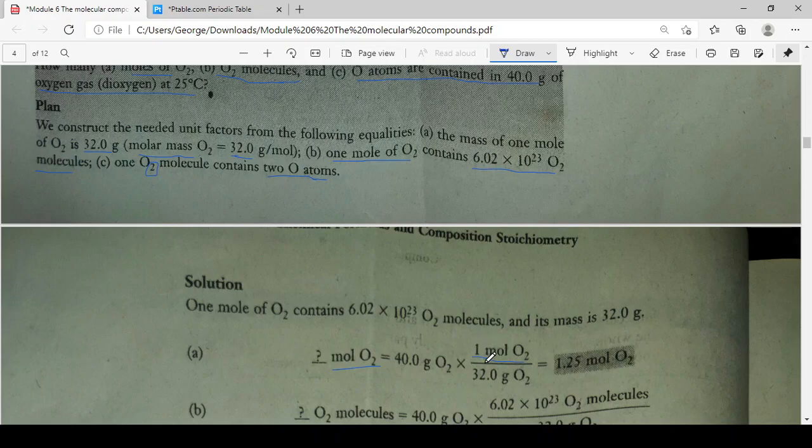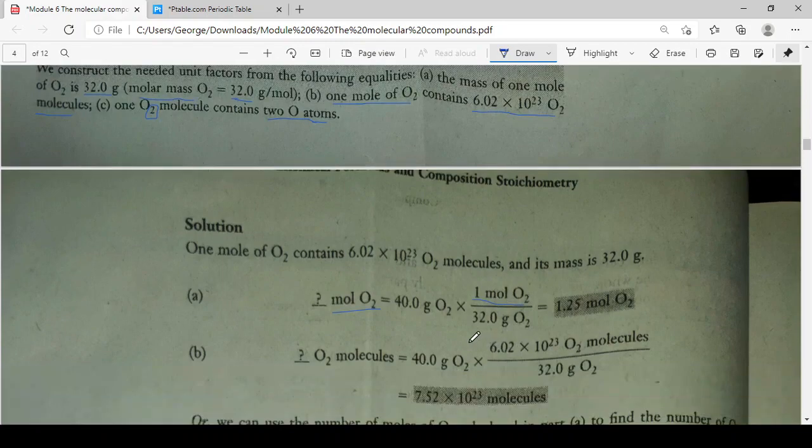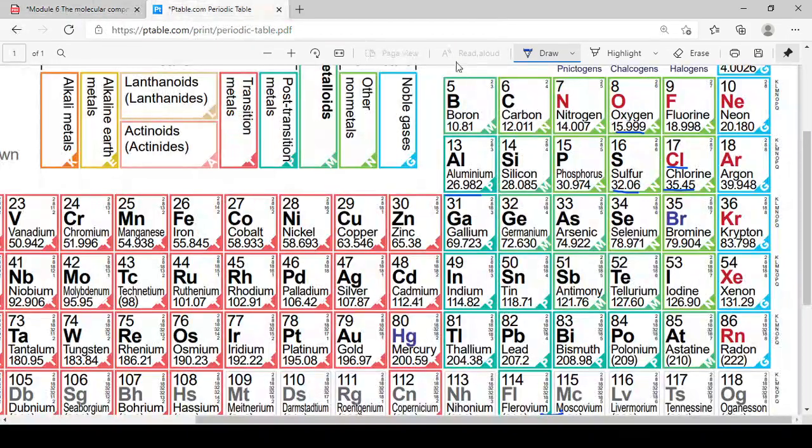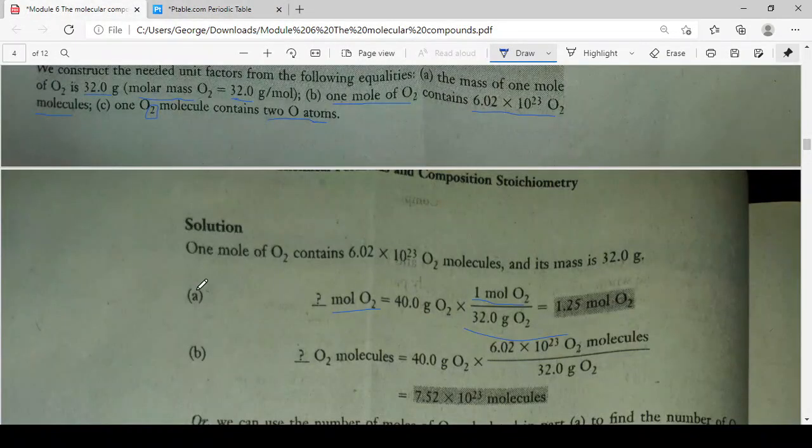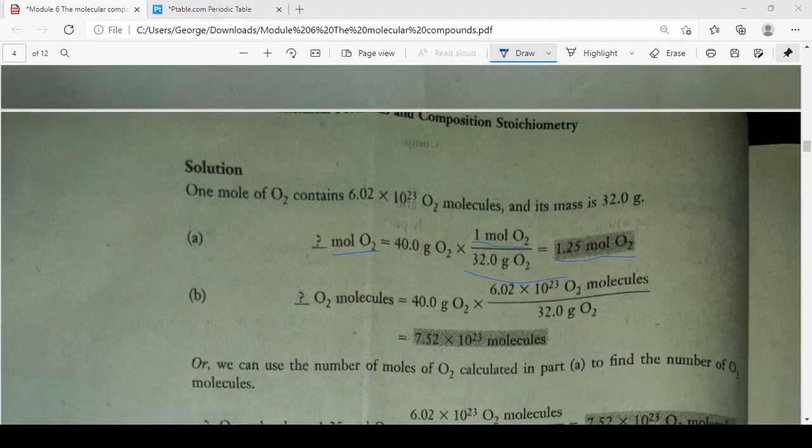So, 1 mole of O2 is equivalent to how much, kids? Your formula weight or its molar mass. Since there are two oxygens, 16 times 2 is equal to 32. We get it from the periodic table of elements. So, it is simple. We divide everything at the bottom and multiply everything on top. Which do we do first? Multiplication, MDAS law again. 40 times 1 is equal to 40, divided by 32, we now have 1.25 moles of your O2.